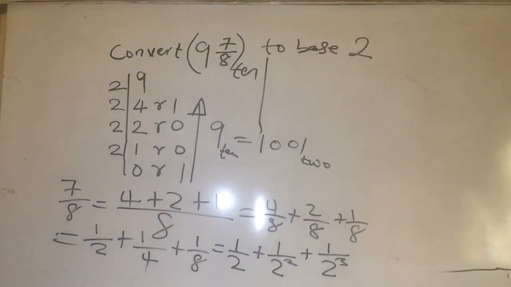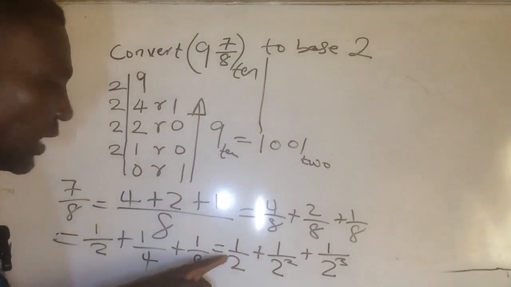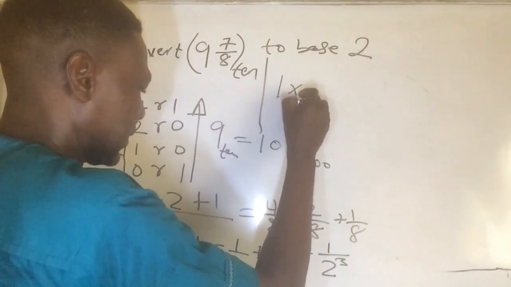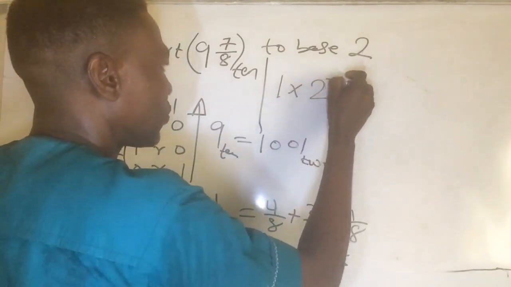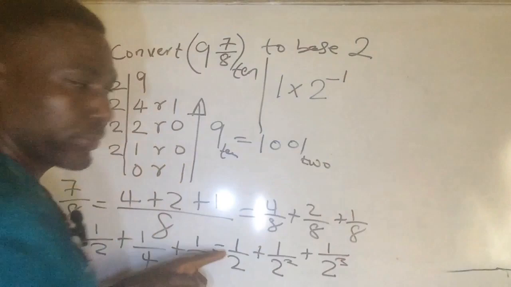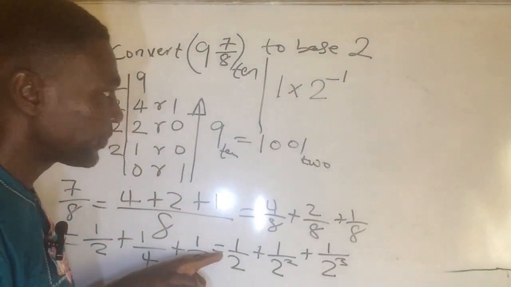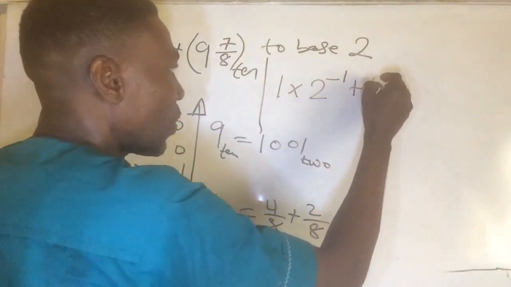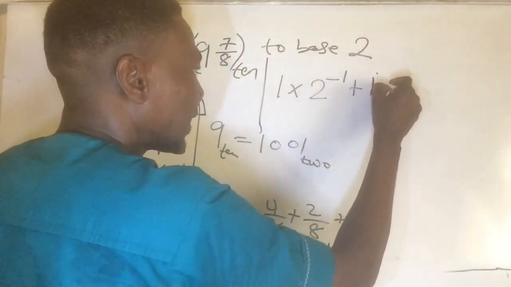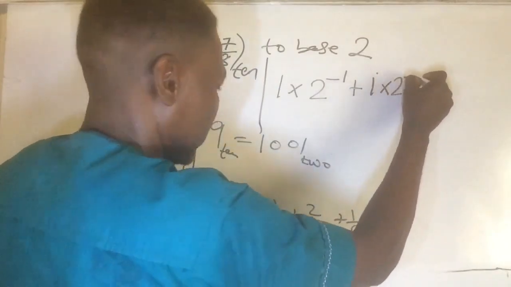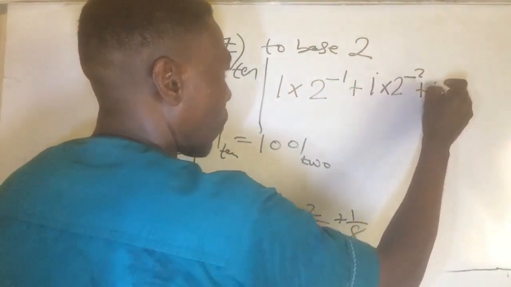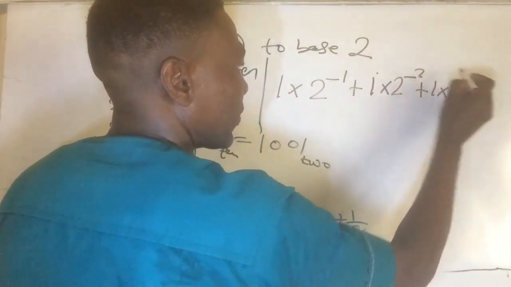As we have the number like this here, this now means, according to what I've taught you before, 1 times 2 raised to power minus 1, plus 1 times 2 raised to power minus 2, plus 1 times 2 raised to power minus 3.